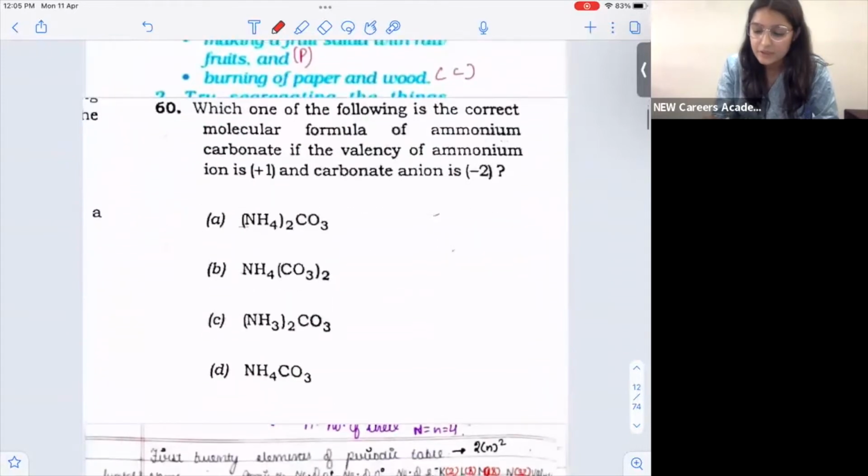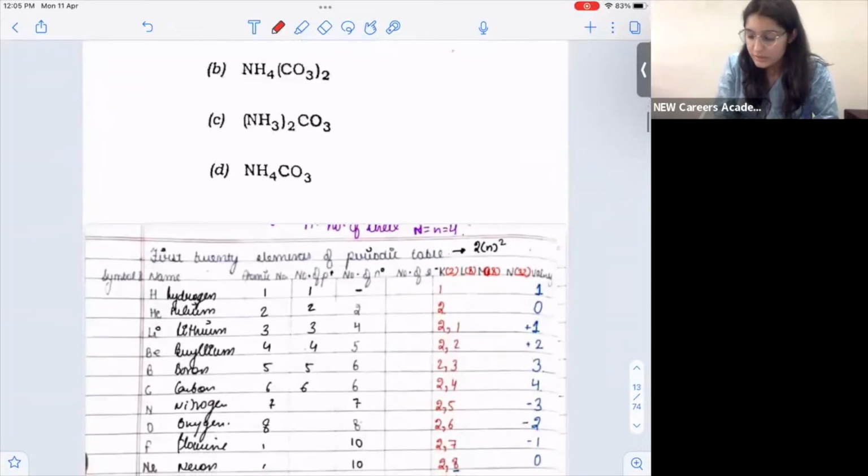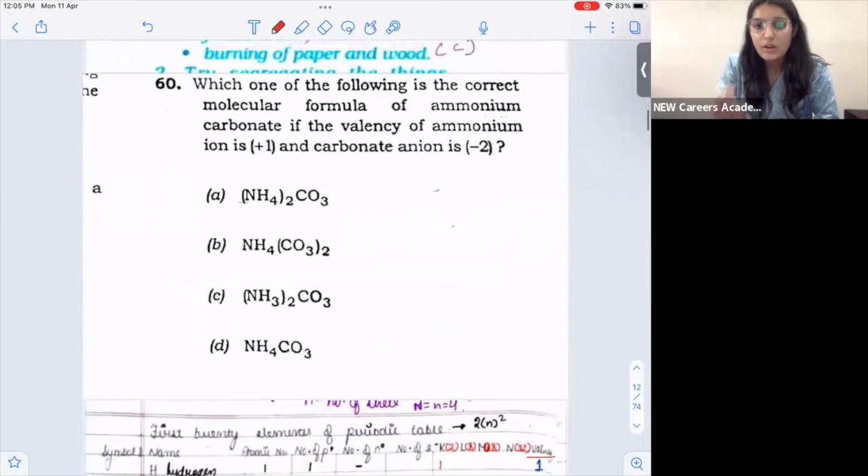Next, which one of the following is the correct molecular formula for ammonium carbonate if the valency of ammonium ion is +1 and carbonate anion is -2? So for this, you need to know about valency concept. In order to be neutral, charges should be balanced.